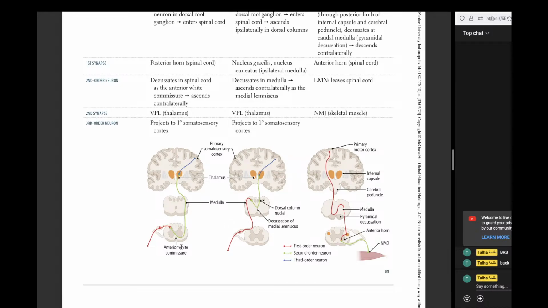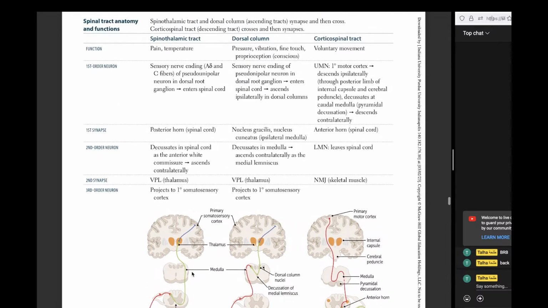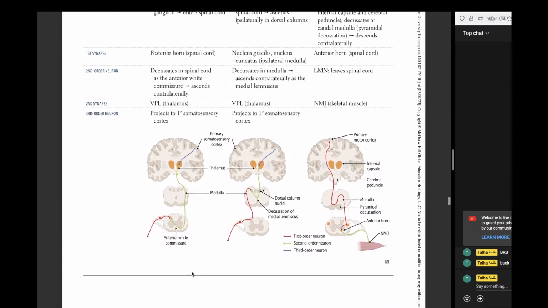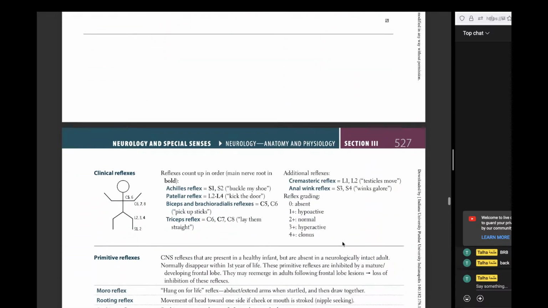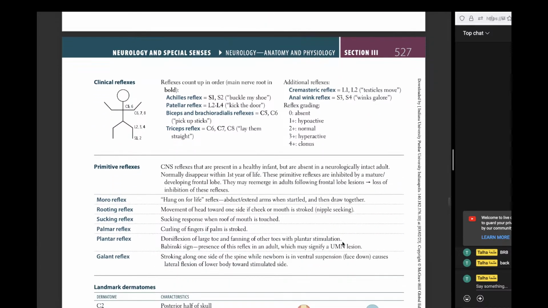So the only one really crossing over at the spinal level is the spinothalamic tract for pain and temperature. But vibration sense and proprioception actually stay on the same side up until the decussation at the medial lemniscus. And I guess also the motor tract only decussates at the pyramids. Okay. That one is good.